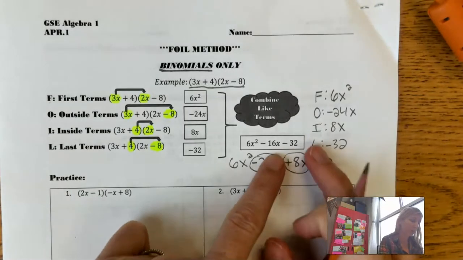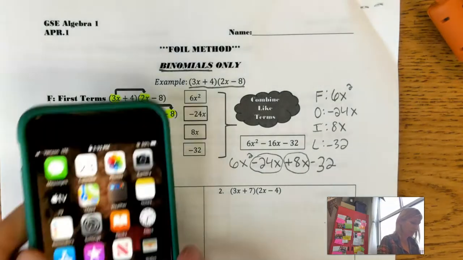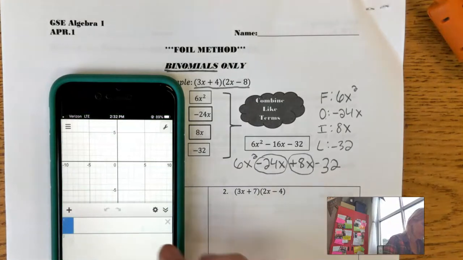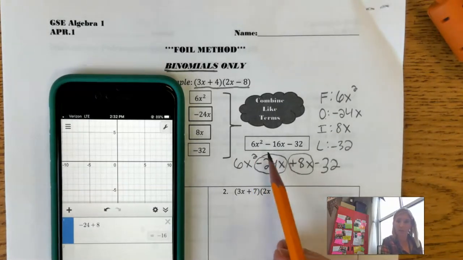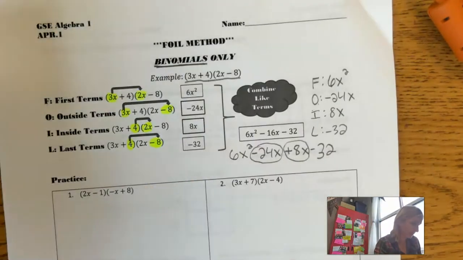They both have an x raised to the first power. So we can actually combine those. -24 plus 8 gives me -16. So here's my final answer, 6x squared minus 16x minus 32.